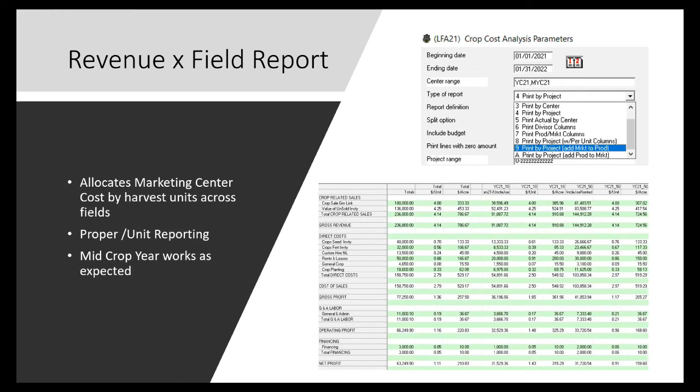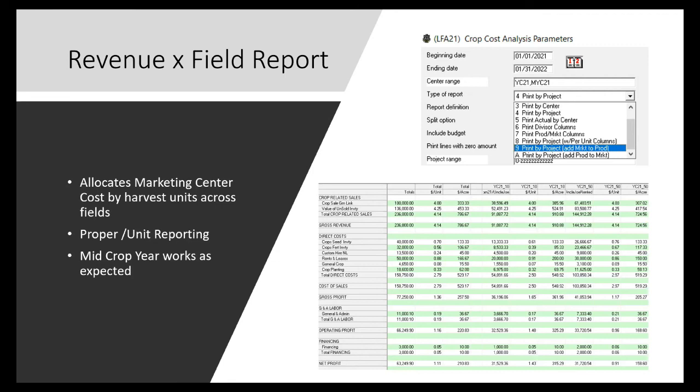And this report has satisfied a lot more of my clients than what the FSFC is recommending. But it's kind of a combination of both profit and cost center reporting. So the key behind this is that the dollars that are sitting in the finished goods inventory, those dollars are allocated out within the system based on bushels harvested.